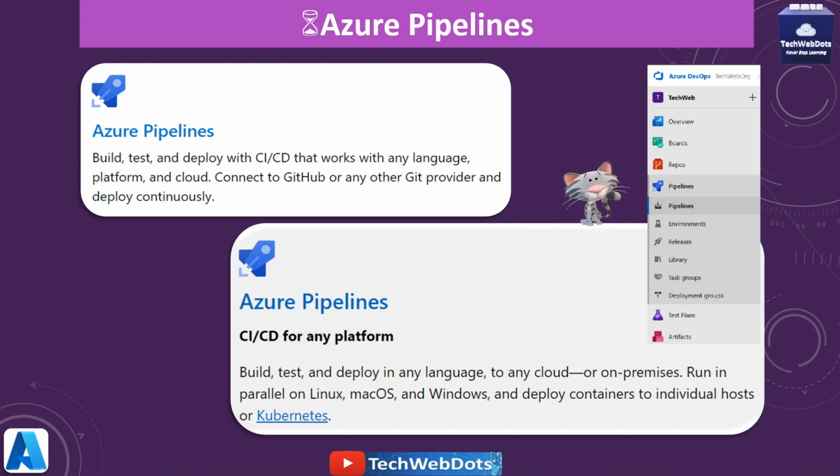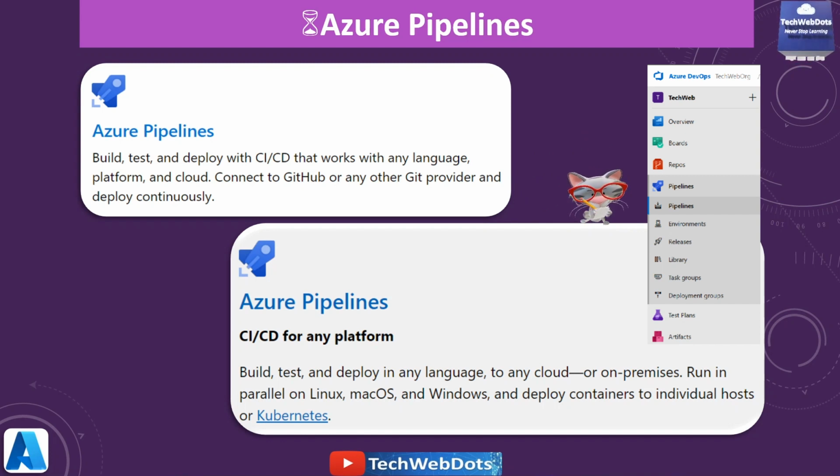Another part says it helps with building, testing, and deploying in any language, whether it is on premises, right? So it helps in that manner as well. You can run in parallel or on Linux, macOS, and Windows, and deploy containers to individual hosts or Kubernetes, right?